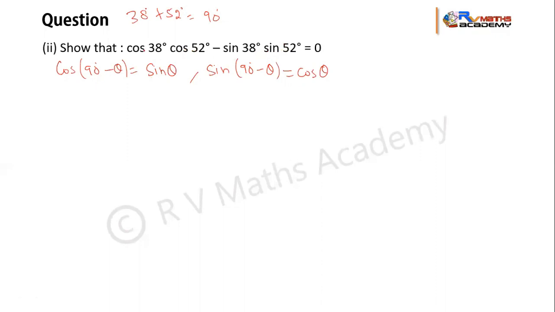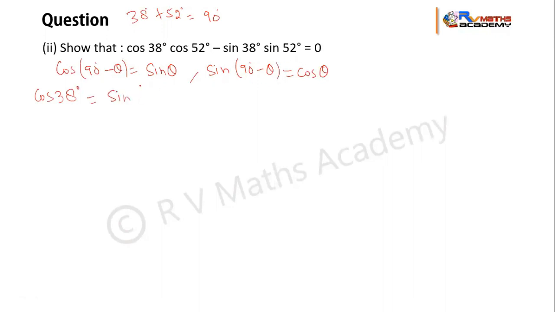So there are two terms. First term is cos 38 degree into cos 52 degree, and the second term is sin 38 degree into sin 52 degree. So in each of the terms, I will change any one of them. Either I will change cos 38 degree or cos 52 degree. So we can write cos 38 degree. Cos theta is equal to sin 90 minus theta.